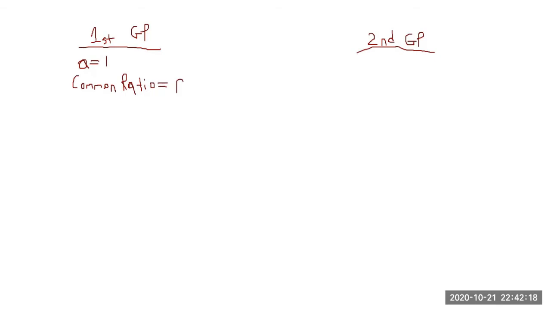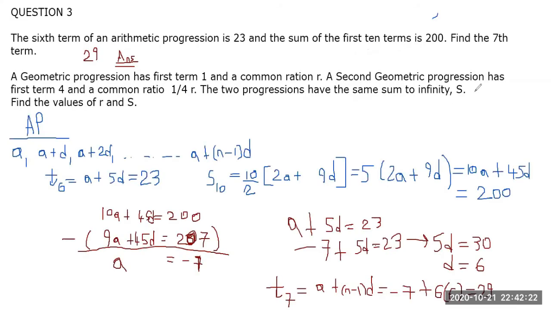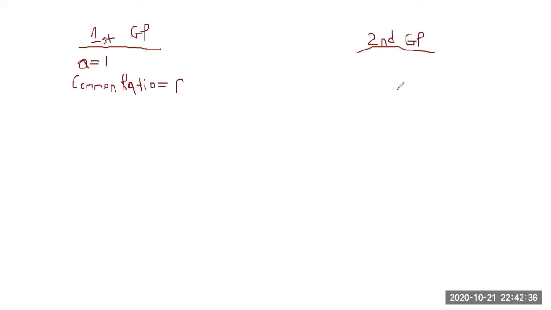And then the next thing that it tells us is that the second GP has a first term 4 and a common ratio of a quarter r. So the first term is equal to 4.